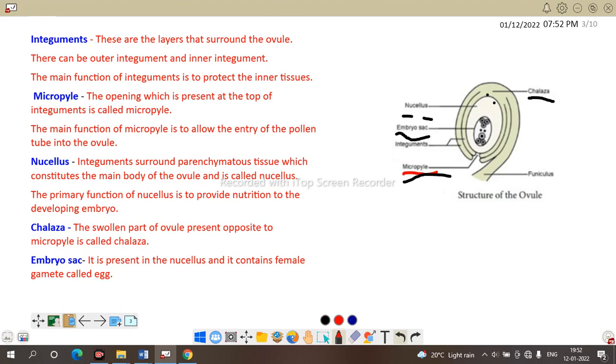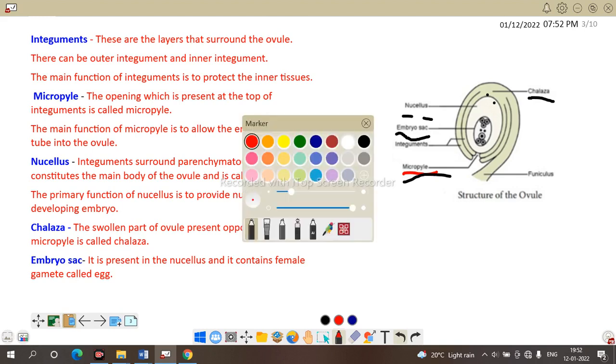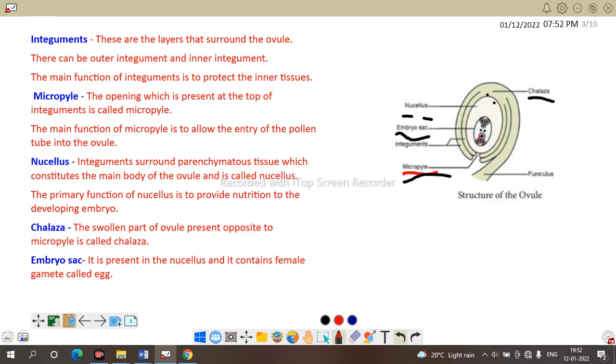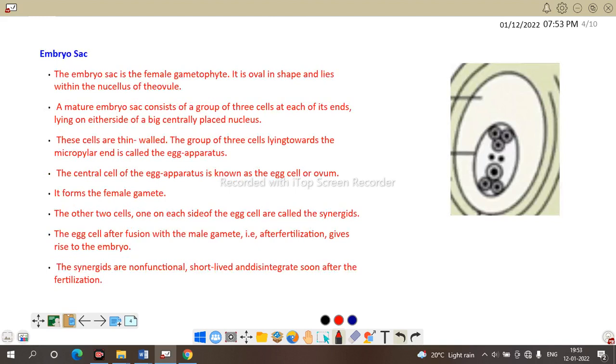At the micropylar end, here is the egg with 2 synergids, and in the center are the polar nuclei. So these are the structures of an ovule.